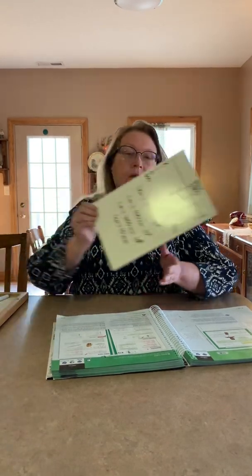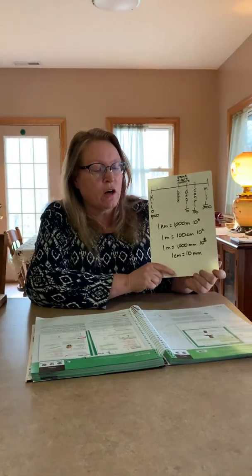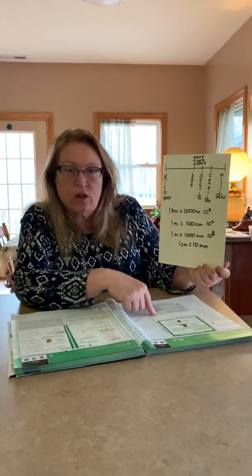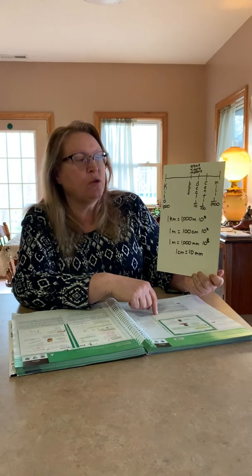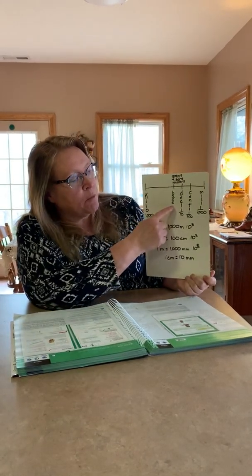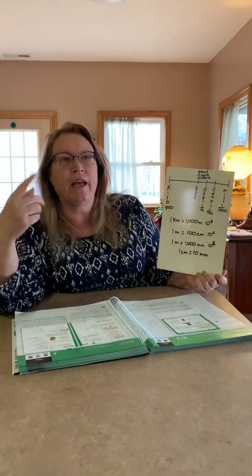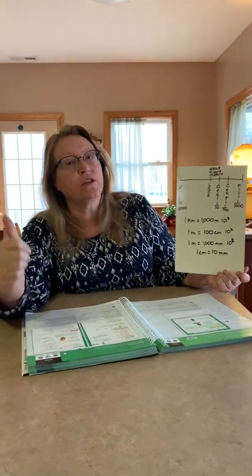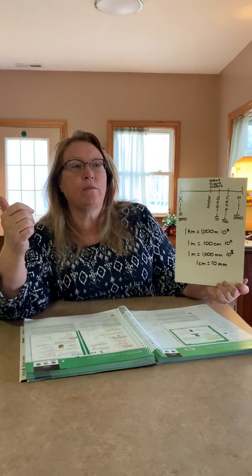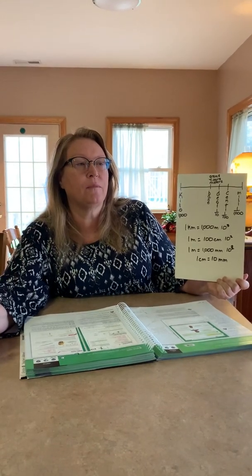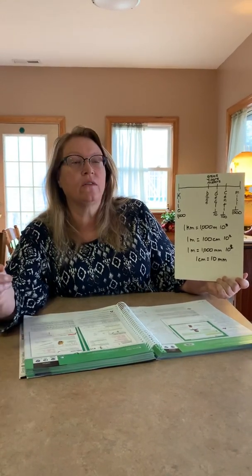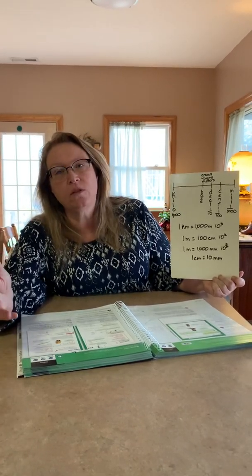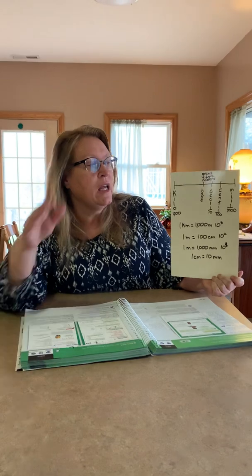I have copied the chart that is on page 658. It's really important, that chart on 658, that you understand that the base unit is whether you're talking liters, whether you're measuring length with meters, the liters would be capacity, or grams, which would be weight, okay?